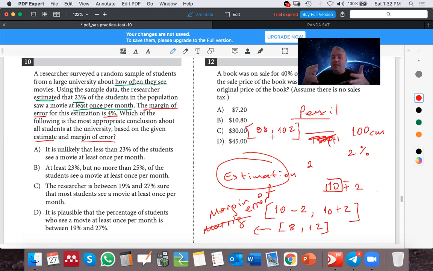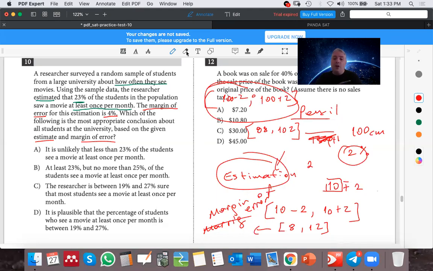You can sell this to the customers. So this 2% is called the margin of error. How do we use the margin of error? We add and subtract it from our estimation. If our estimation is 100, we add and subtract, and we get this interval. By the way, this interval is called the confidence interval.